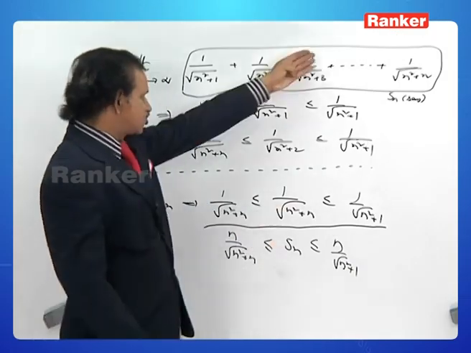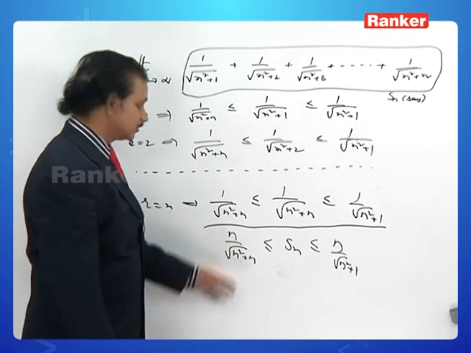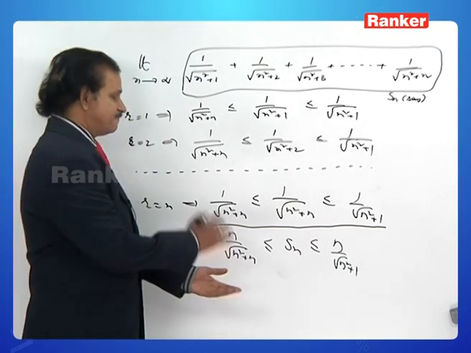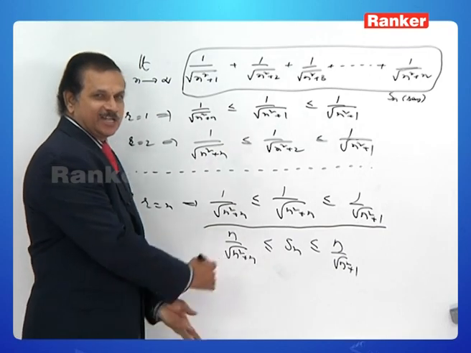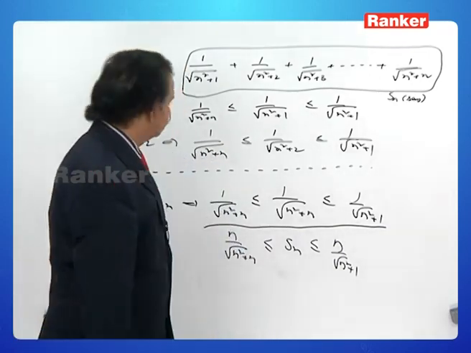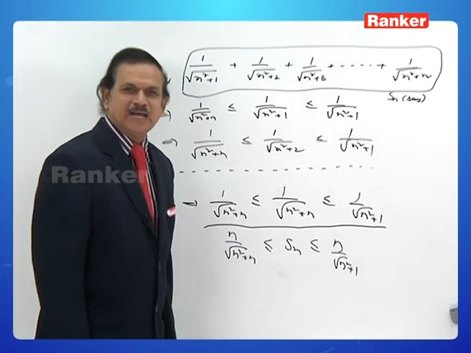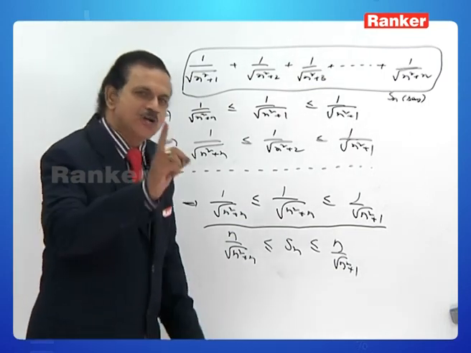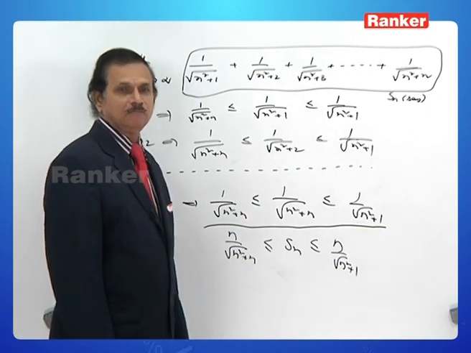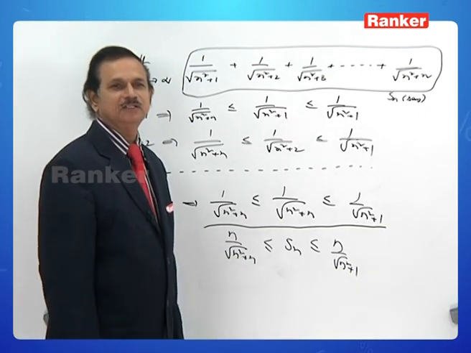Next, take the last term: n by root n square plus n. Find the limit. 1. As the first one and the last one yield the same answer as n tends to infinity, that is 1, the middle function should also approach the same limit 1 by the sandwich theorem.